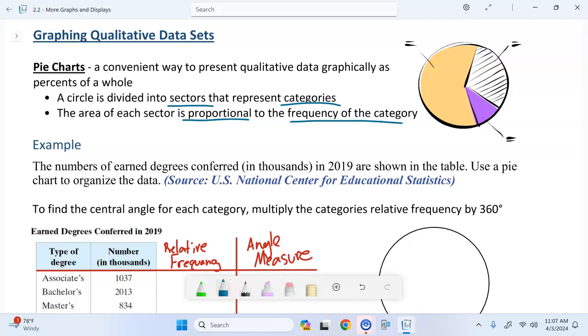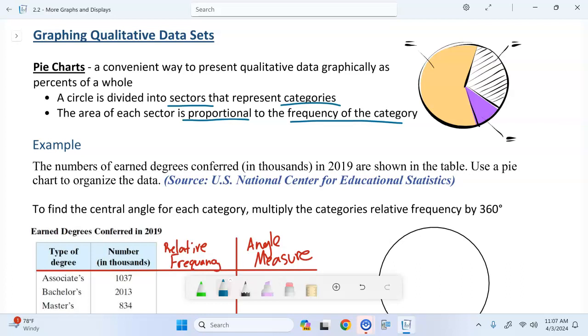If half my data is in one category, then half of my circle will be shaded for that. If 20% is in a category, then 20% will be shaded. So our new graph here that we're going to do is the number of degrees conferred in thousands in 2019. Given the table, we want to take that and organize it into a circle chart.